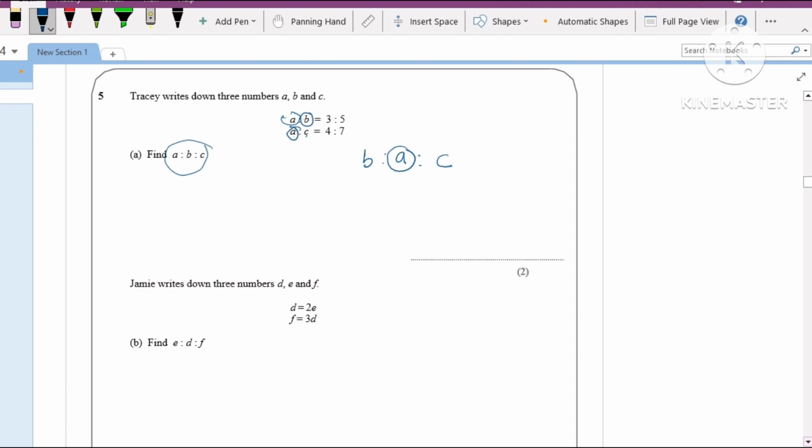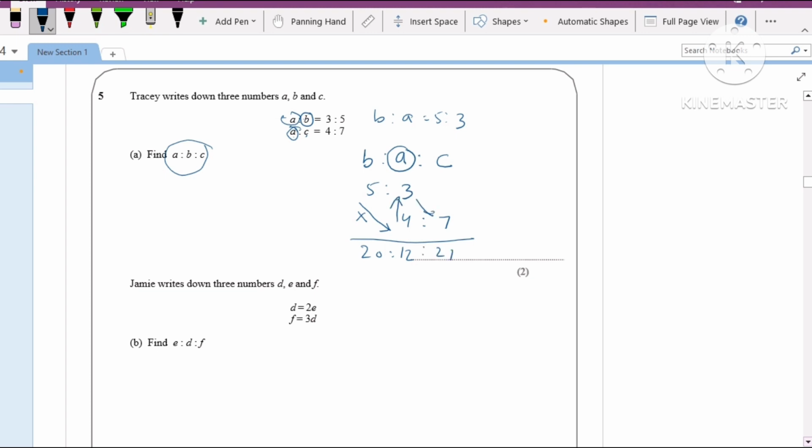So I'm writing a in the middle because it is present in both. And then look, a ratio b is 3 ratio 5. It means b ratio a is basically 5 ratio 3. So I'm writing 5 ratio 3 here. a ratio c is 4 ratio 7, so I'm writing that just beneath. And then I'm moving in a zigzag way. I will times these two numbers: 4 5s are 20 and 4 3s are 12, then times these two numbers: 7 3s are 21.